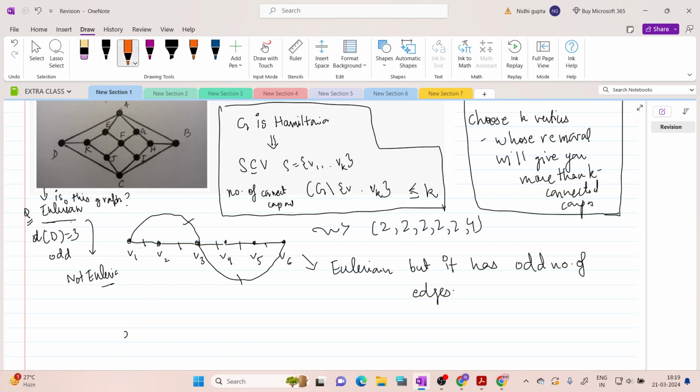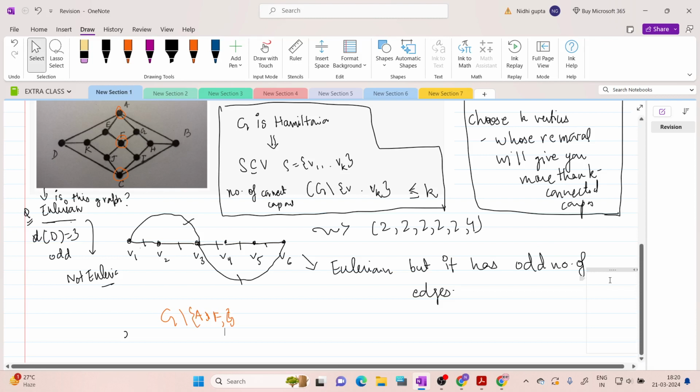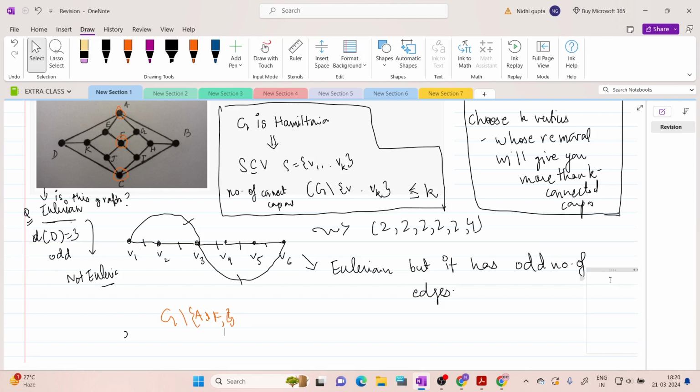That is, if we remove these and look at the graph G minus {A, F, C}, how many connected components? It's still connected. One component only.